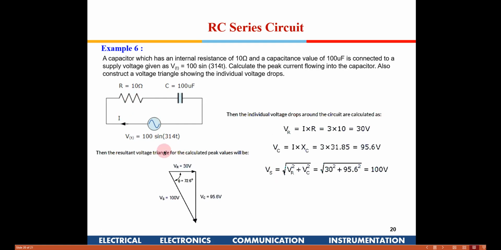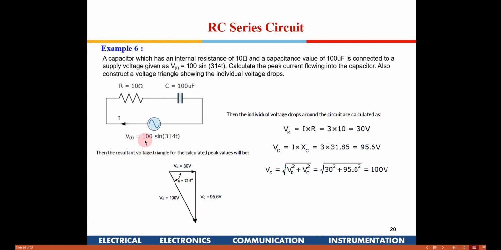Similarly, the next part of the question was to make the voltage triangle, right? So VR is I into R, we make it like this, and the voltage across the capacitor is 95.6, that is I into Xc, which will be 90 degrees to this X direction, because the voltage and the current are 90 degrees out of phase for a capacitor.